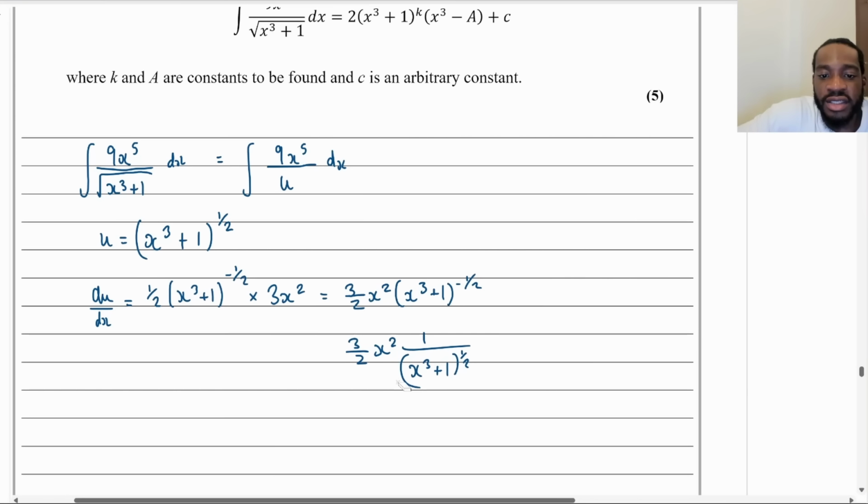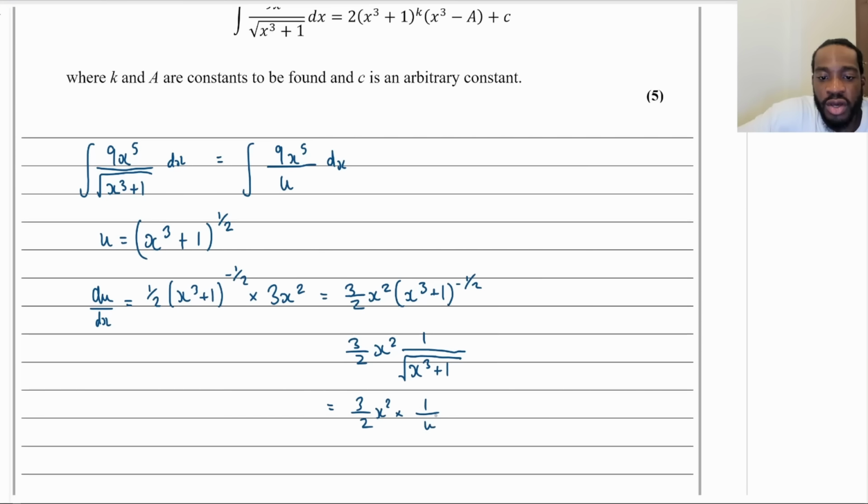So I can actually just write this as root, and then that is just a substitution, isn't it? So it's literally just this. And then obviously u is equal to x cubed plus 1, right? So I can replace this with a u. So therefore it becomes 3 over 2x squared times by 1 over u, which we can just write that all as 3x squared all on the top over 2u. And this is what du over dx is equal to.